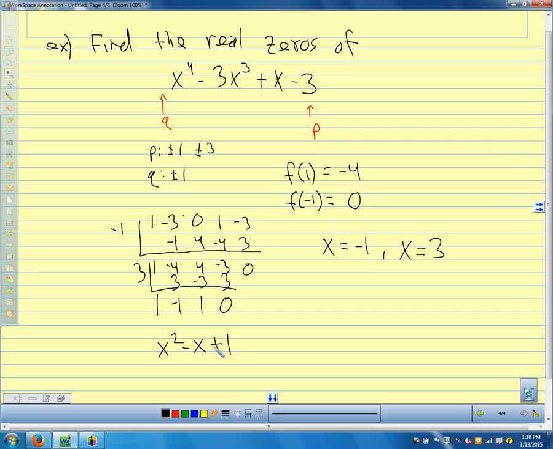So if this doesn't factor, what would we do after we try to factor this? If we can't factor, what always works on a quadratic? The quadratic formula.